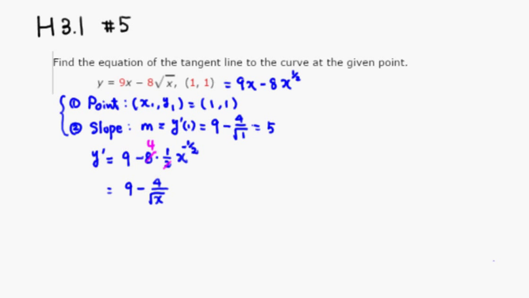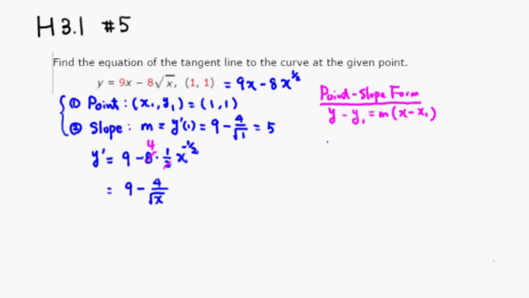So the equation is, we're using the point-slope form, which goes something like y minus y1 is equal to m times x minus x1. Remember, this is point-slope form.